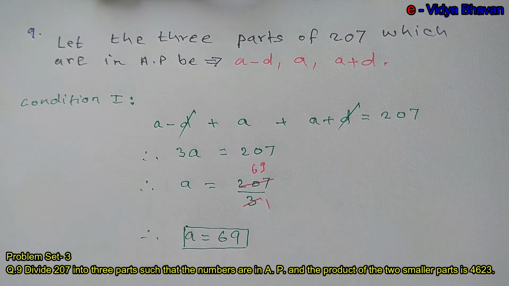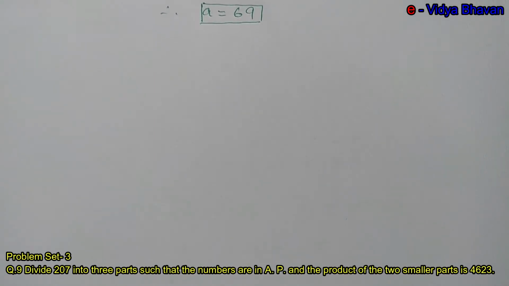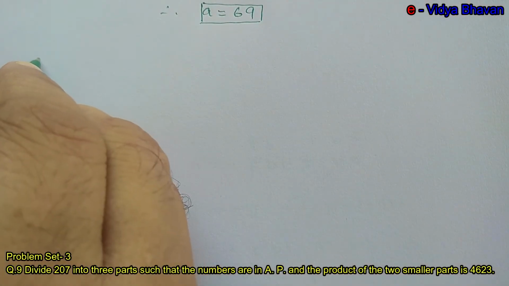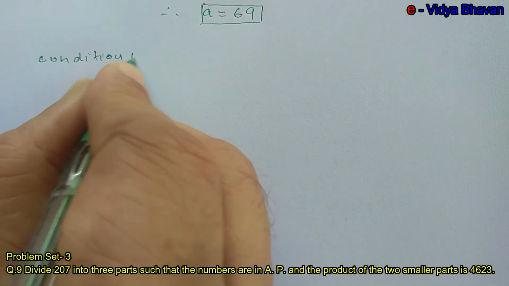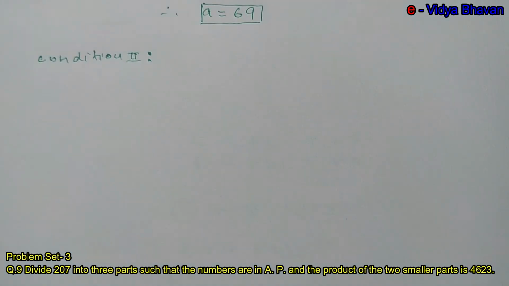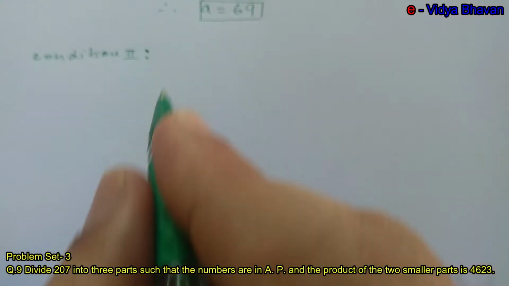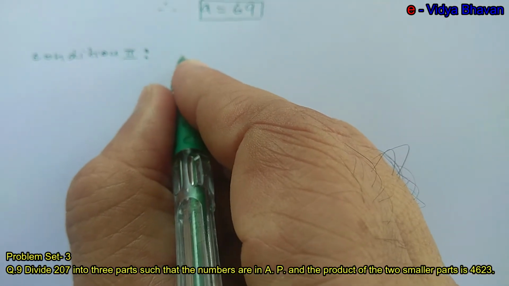Now, condition number 2. Condition number 2 says product of two smaller parts is 4,623. The two smaller parts.